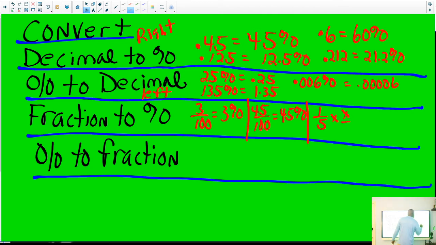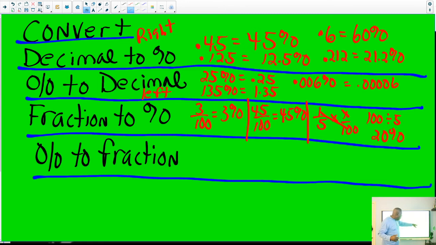Just do x over 100, cross multiply: 1 times 100, divided by 5, is equal to 20. 1/5 equals 20%. When the fraction is over 100, you simply put the number down and add a percent.